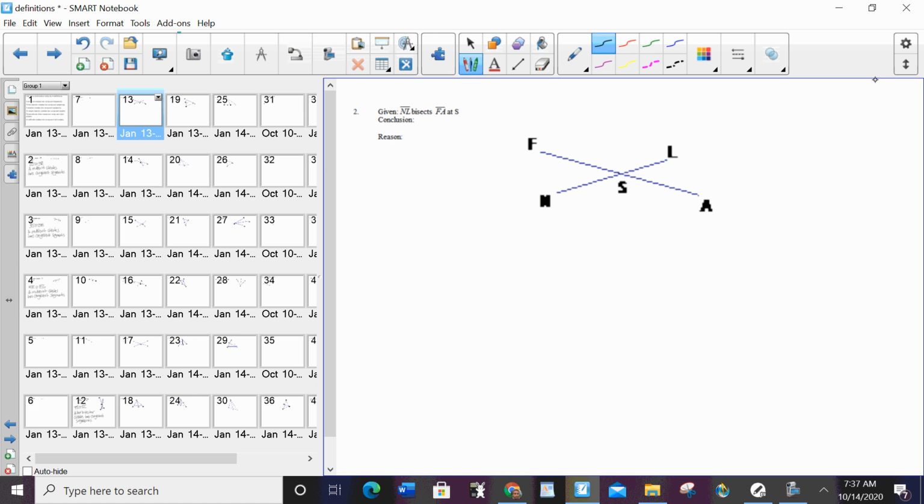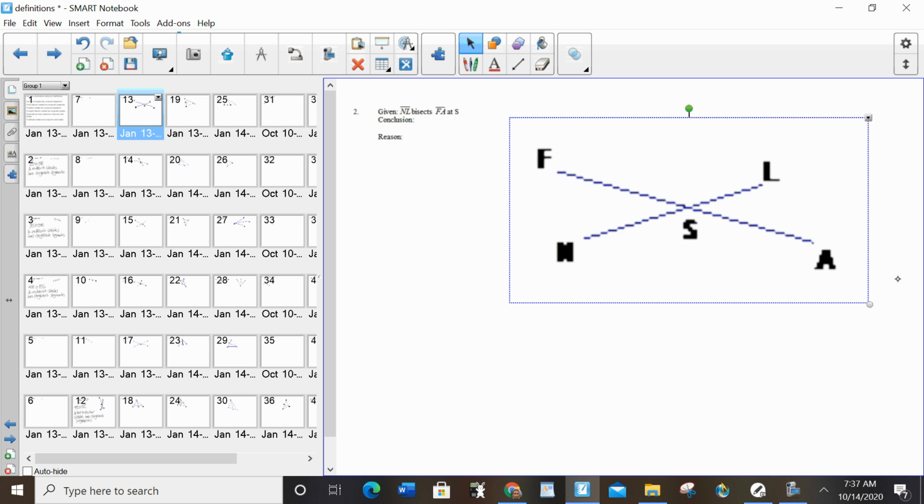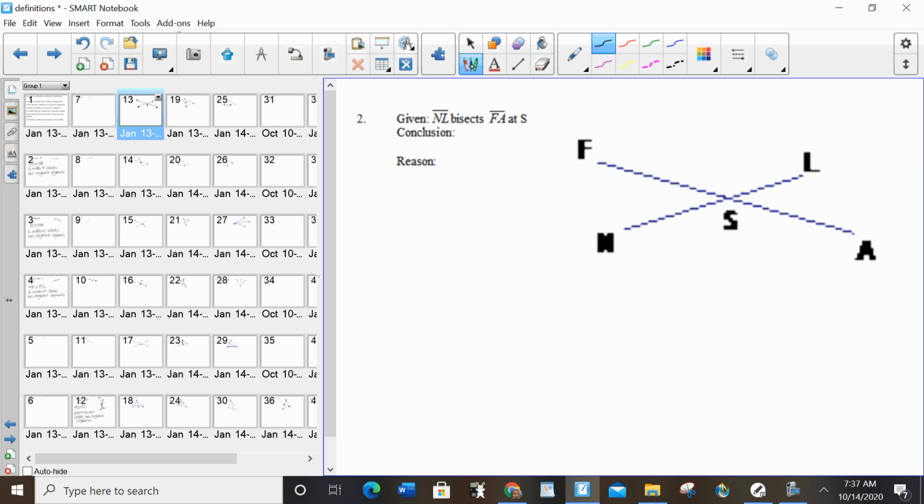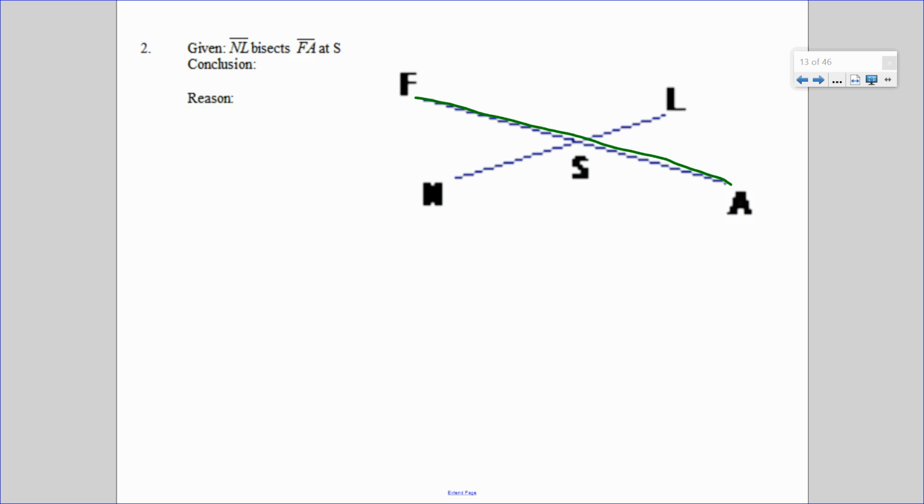NL bisects FA. NL punches FA. Who's being punched? FA. So FA is what's being cut in half. If FA is what's being cut in half, my conclusion, FS is congruent to SA.